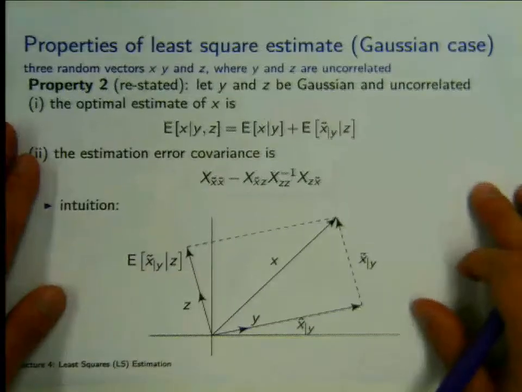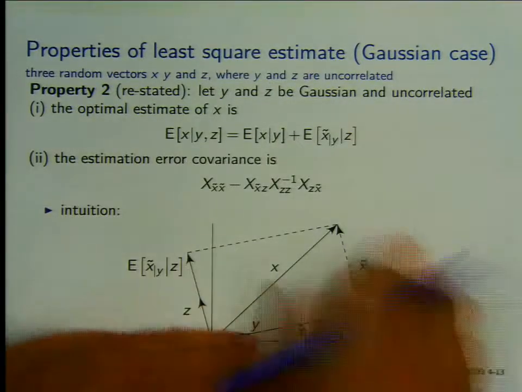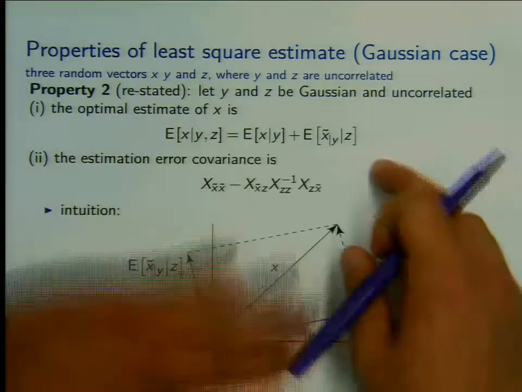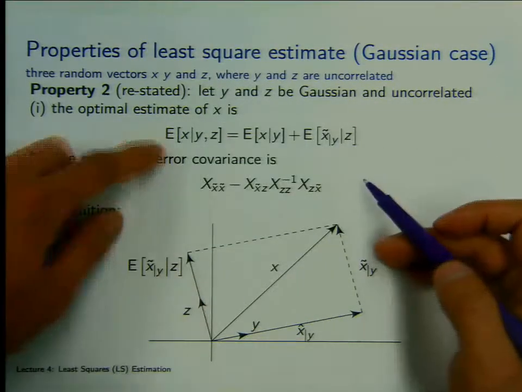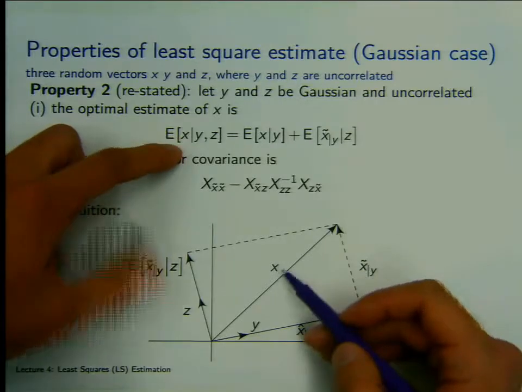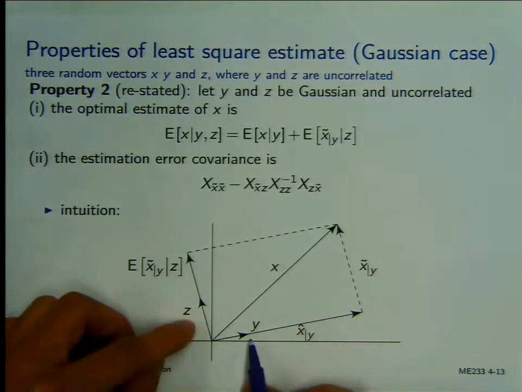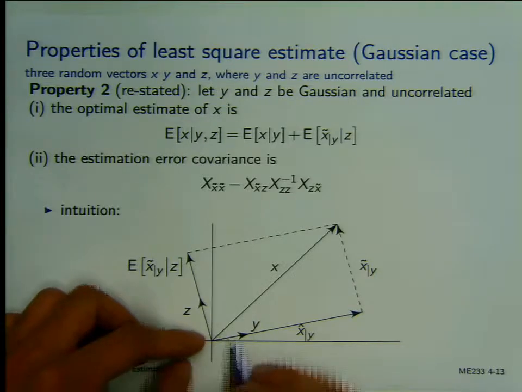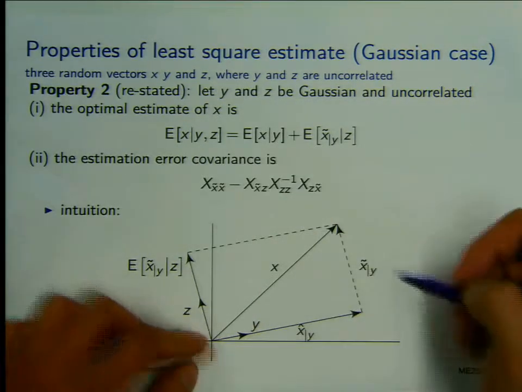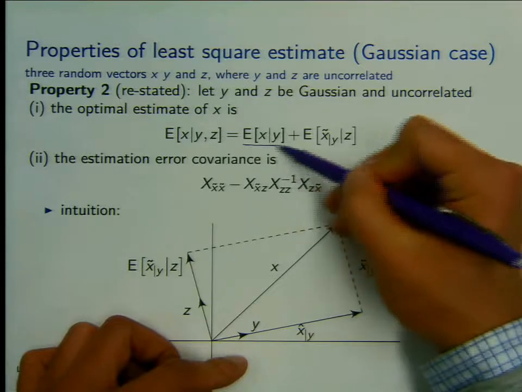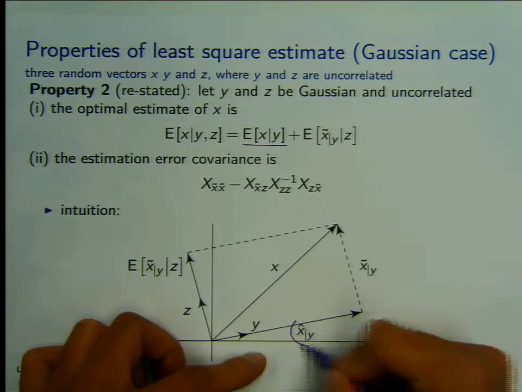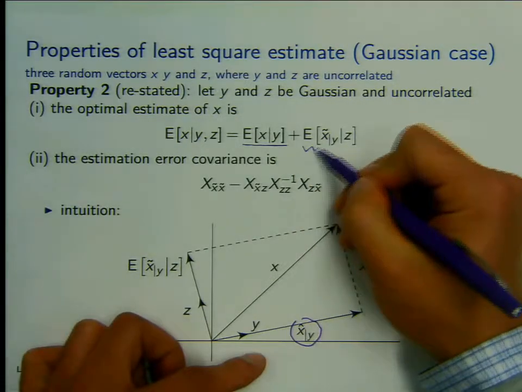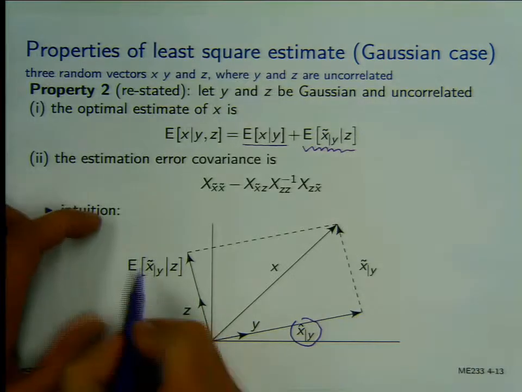I want you to understand the pictures, it's more intuitive in this case. So the two statements restated are like this. You see the best estimate of x given both y and z. In this case, y and z are uncorrelated, so they are orthogonal. Given both of them, it's the expectation of x given y, so it's this guy, plus the second guy here.